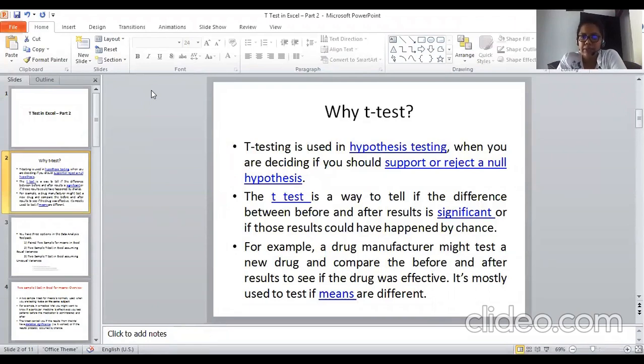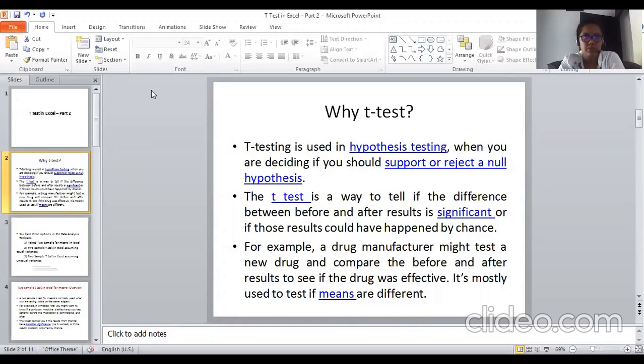The t-test is a way to tell if the difference between before and after results is significant or if those results could have happened by chance. If, by taking two samples, you want to test whether there is a significant difference between them, you can use this t-test.